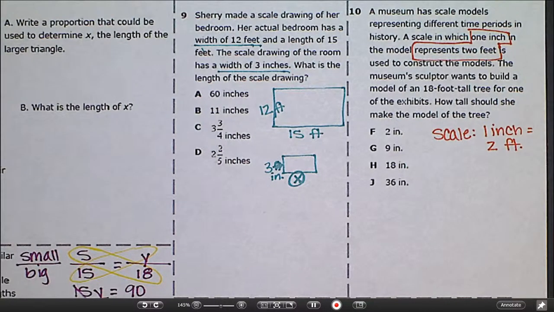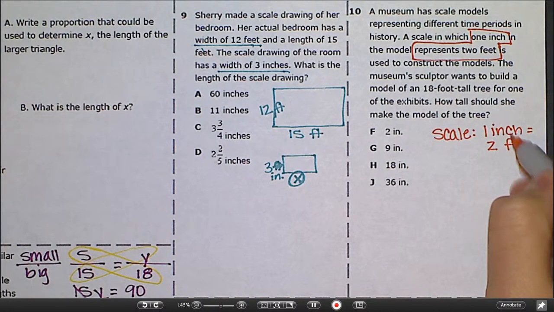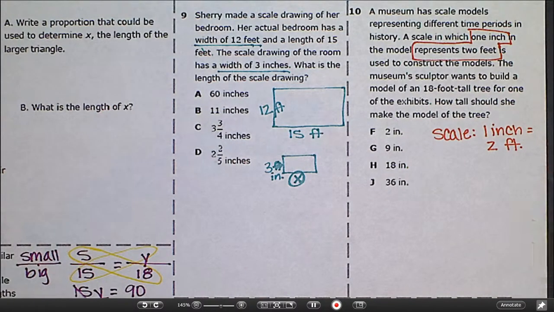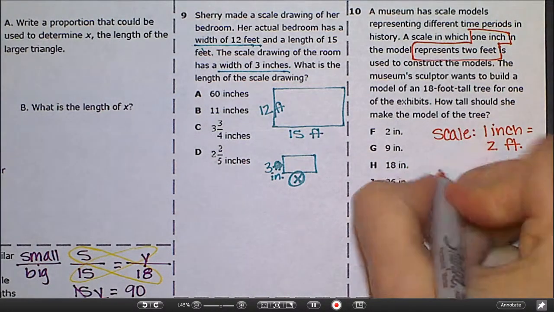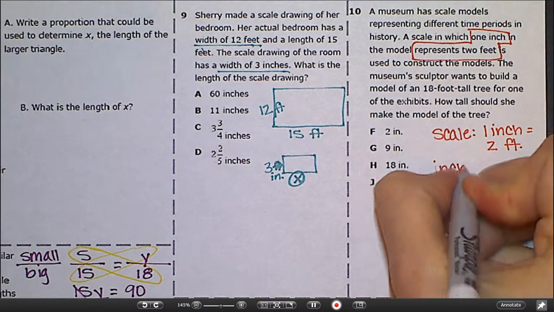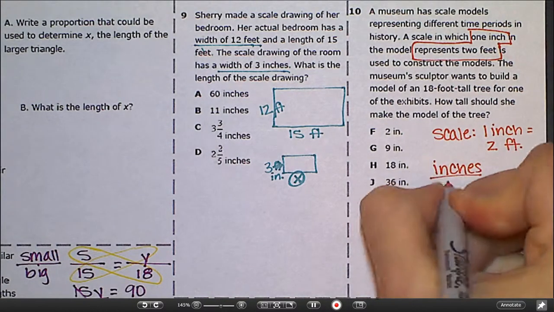So the first thing we need to do is name our ratio, and I'm always going to do that with the units given in the scale. So I'm going to do inches over feet.